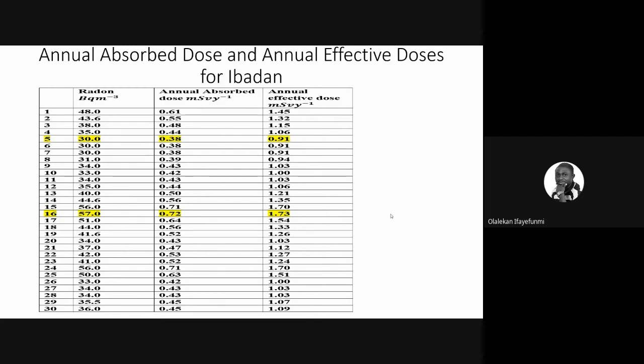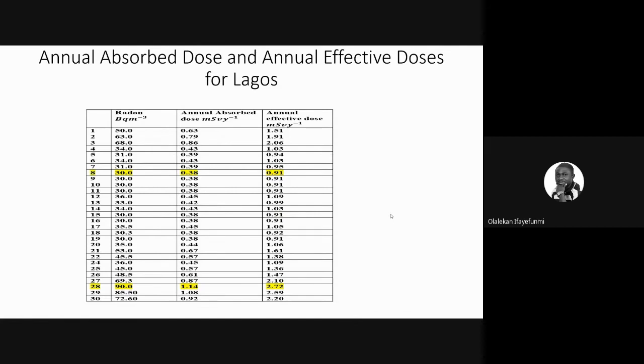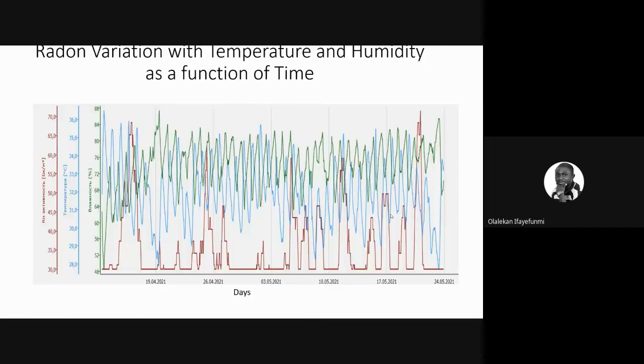When we did the calculation, we discovered that our average annual effective dose is a bit higher than the 1 millisievert required by the world standard. For the second location, we got about 90 becquerel per meter cubed of radon, and our annual effective dose is also higher than the minimum required standard.